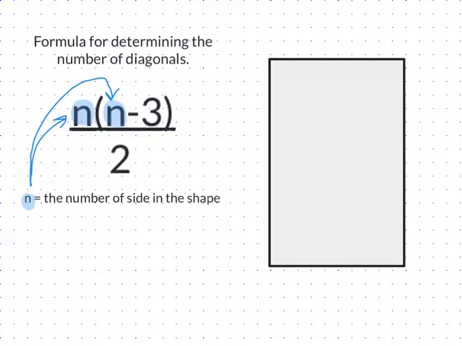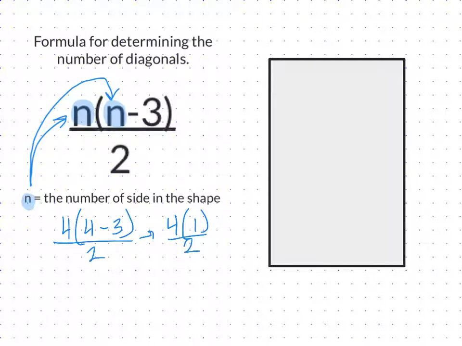All right, I see that there are 4 sides to this rectangle. So my formula now looks like 4 times 4 minus 3 divided by 2. Now, if we follow order of operations, we know that we have to address the parentheses first. So this becomes 4 times, and then in the parentheses, 4 minus 3, which is 1, divided by 2.